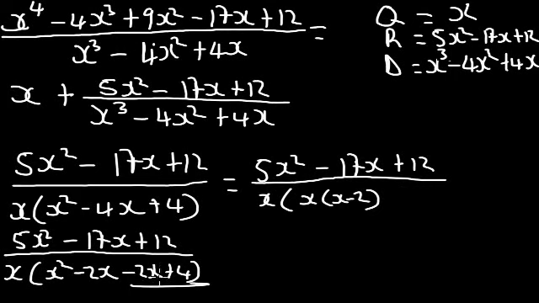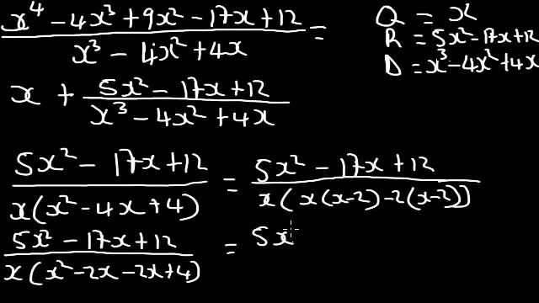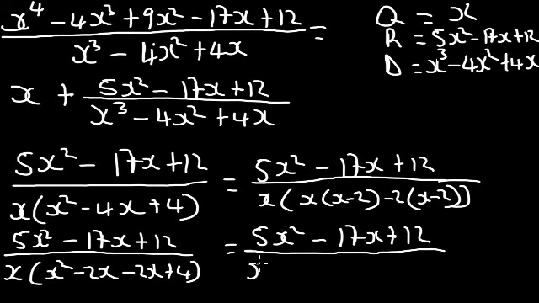Then minus 2 here, that's minus 2 in the bracket of x minus 2. Okay, perfect. So that would be 5x squared minus 17x plus 12, all divided by x in the bracket of, now let's take out the GCF, combine x minus 2, then again we have x minus 2.